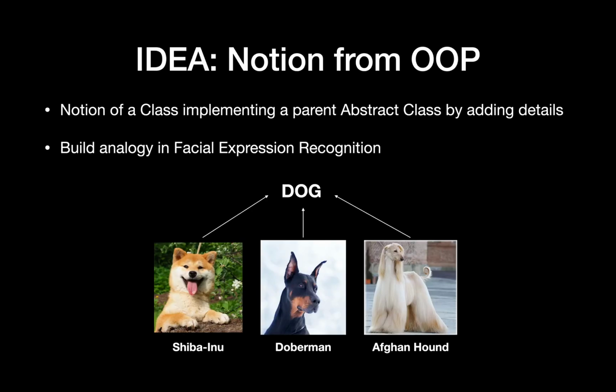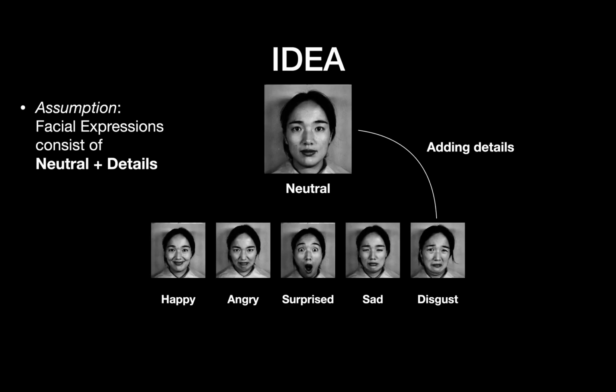We build this analogy in facial expression recognition. So we have a neutral facial expression as an abstract class, and we have some particular facial expressions like happy, angry, surprised, sad, disgust. We might also have contempt and others. So they are built with neutral facial expression plus some details added above.